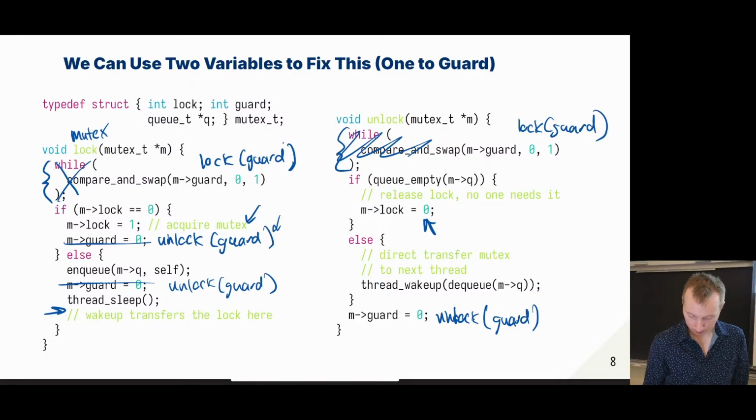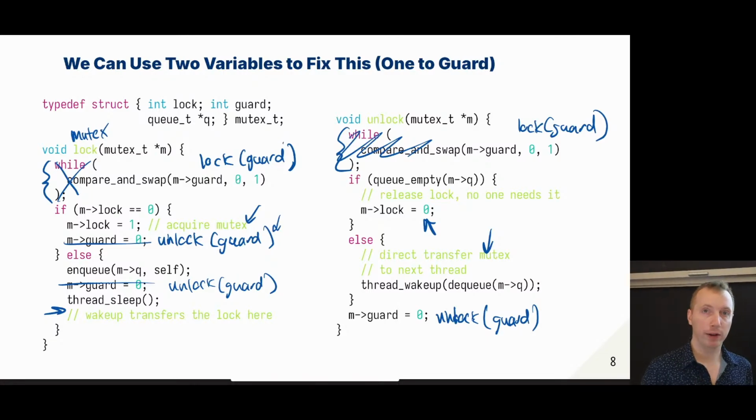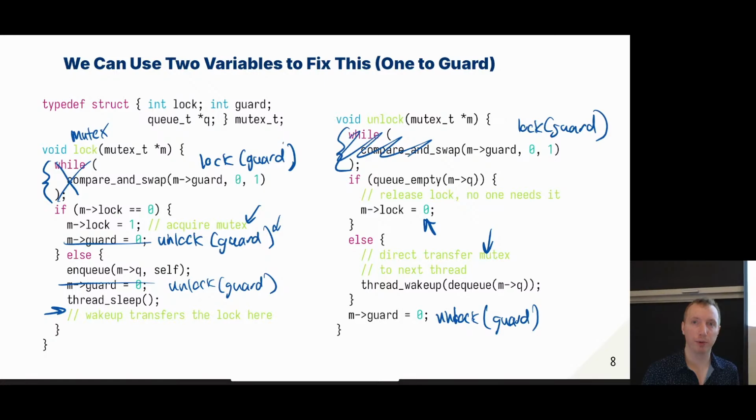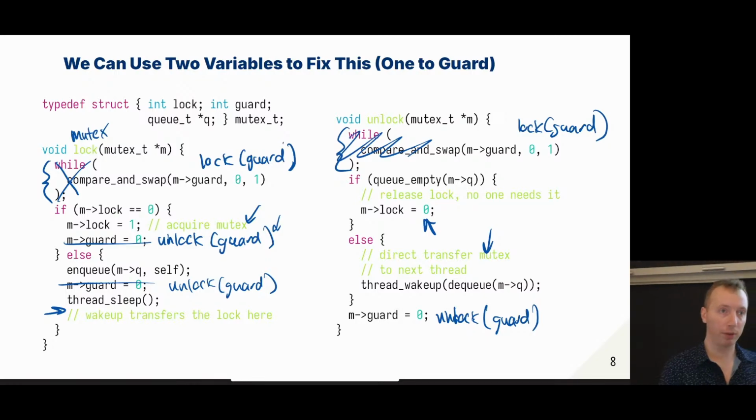Otherwise, if there is another thread in the queue, well, the current value of the lock is 1, and I don't have to change it from a 1 to a 0 and then try and have the other one change it back from a 0 to a 1. So I'm just going to transfer the mutex. So I'll keep the value of the mutex as 1, but I'll just wake up the next thread.